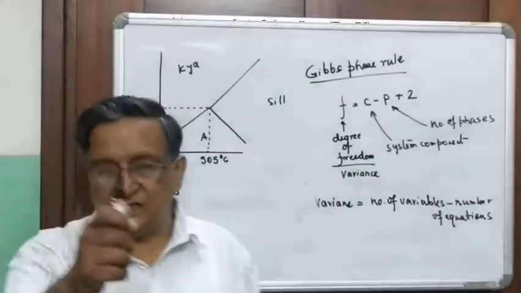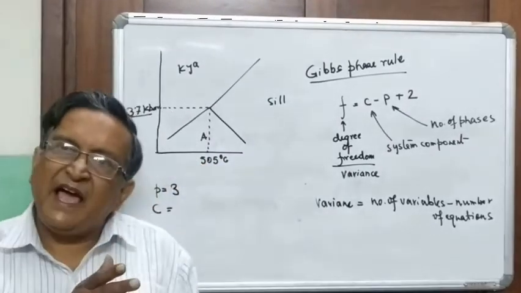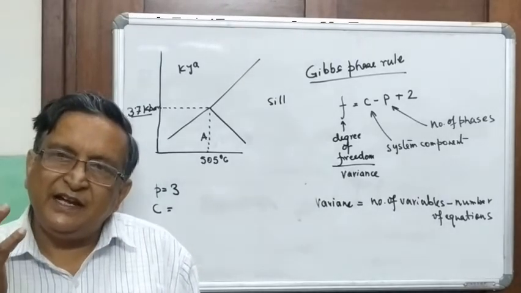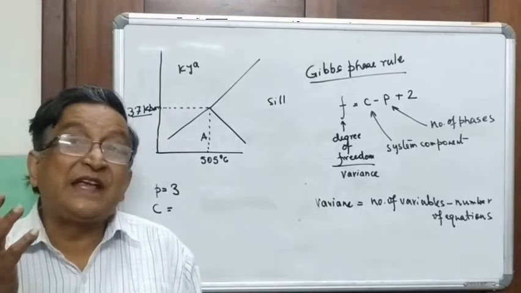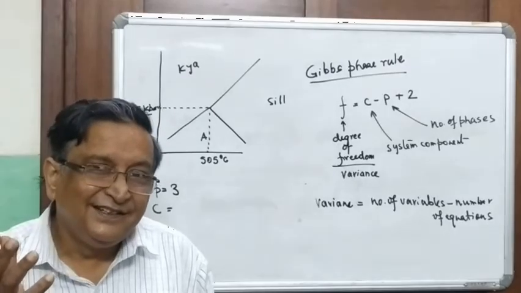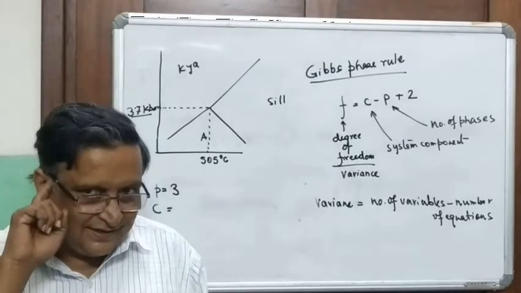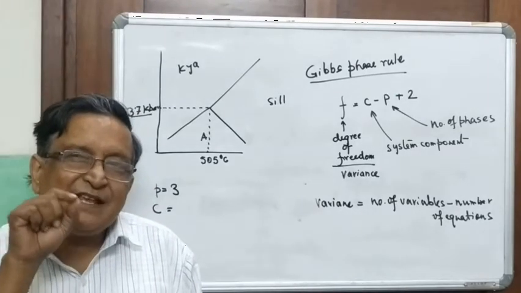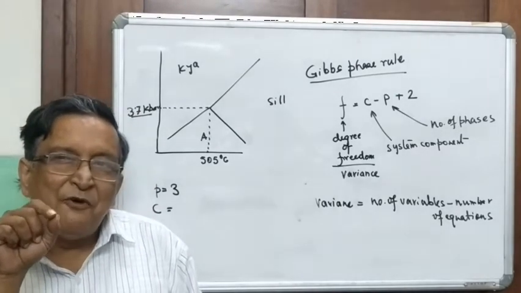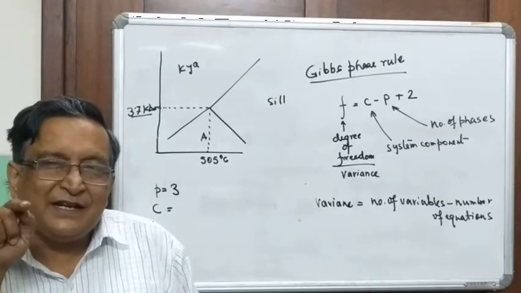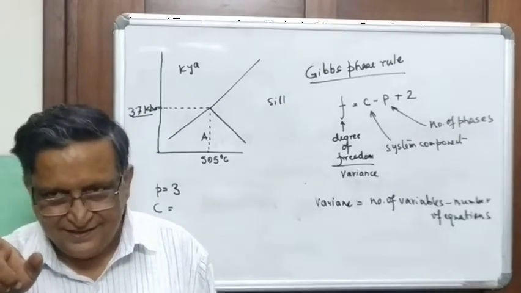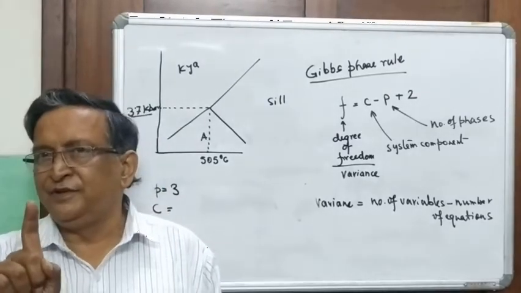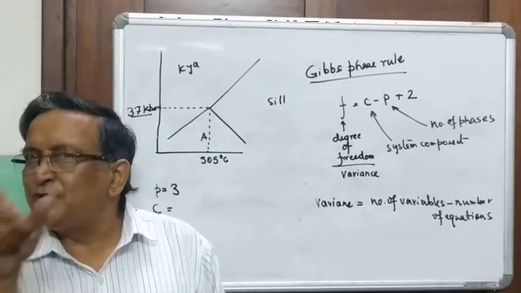But if he says, what is the variance of the triple point where sillimanite, kyanite and andalusite coexist? See, something is missing. He has not given you crucial information. He has not let out the composition.